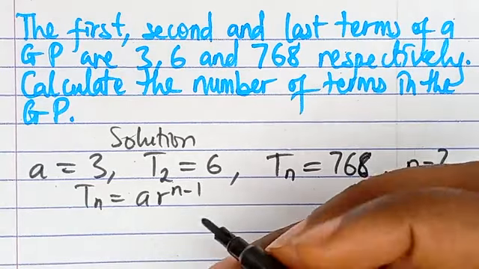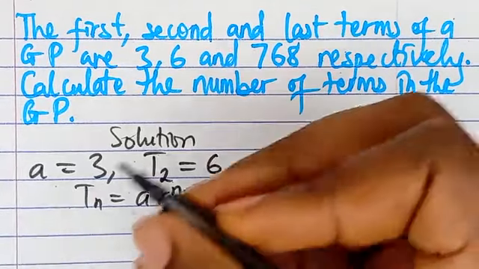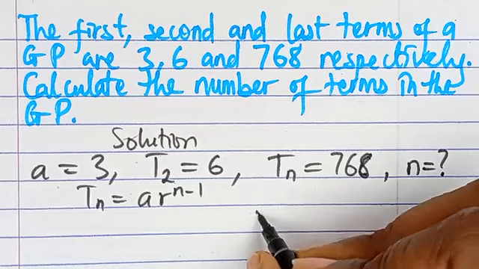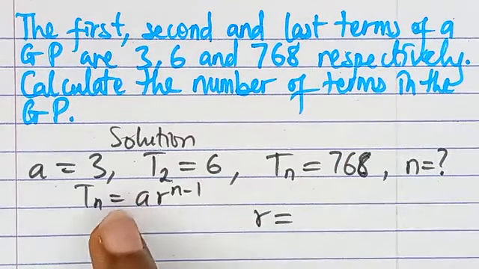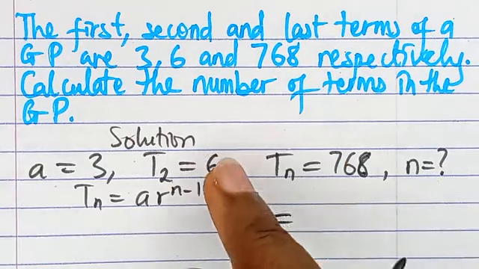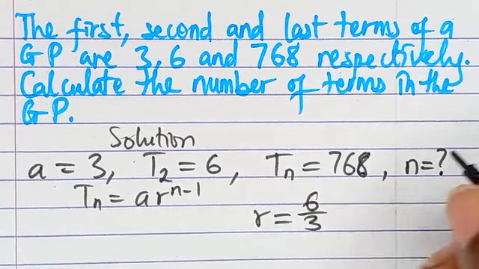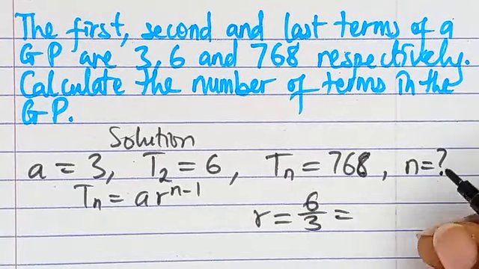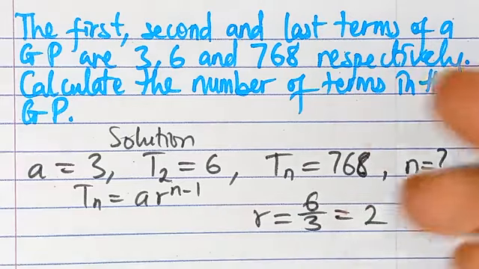So from this formula, the missing term is r. And we know that to find the common ratio, r is equal to a term divided by the previous one. So in this question, we've been given the first term and the second term. So the second term, 6, divided by the previous one, which is the first term. So 6 over 3 is equal to 2. So the common ratio is 2.